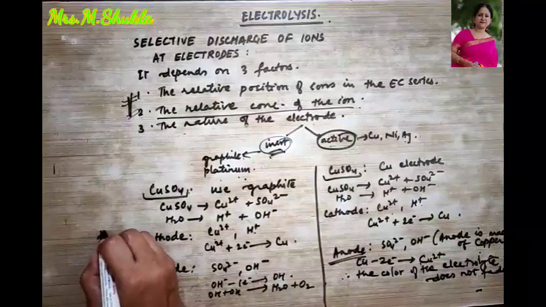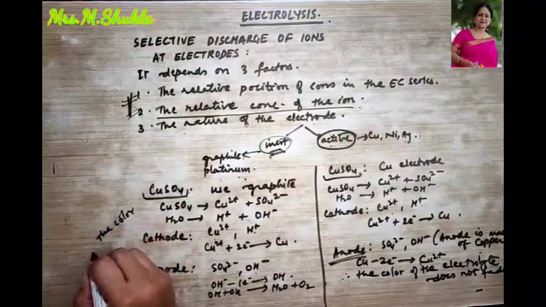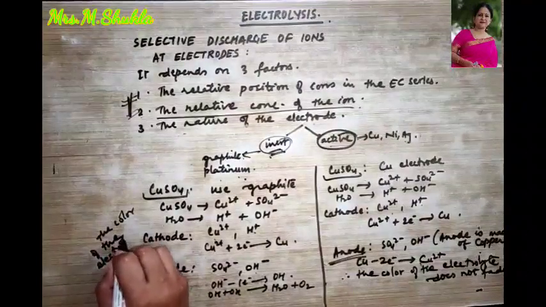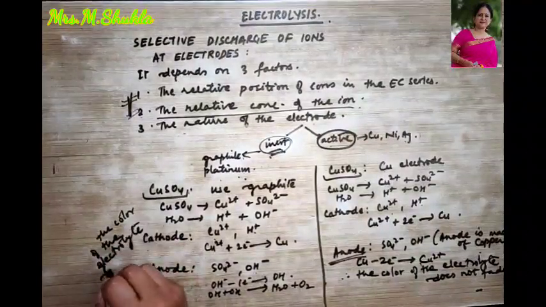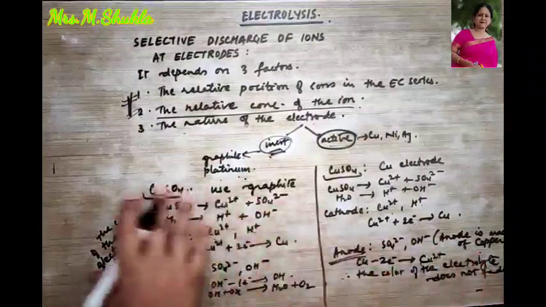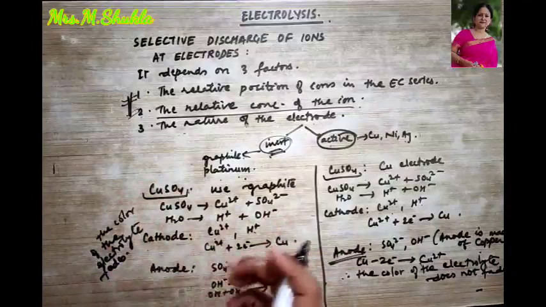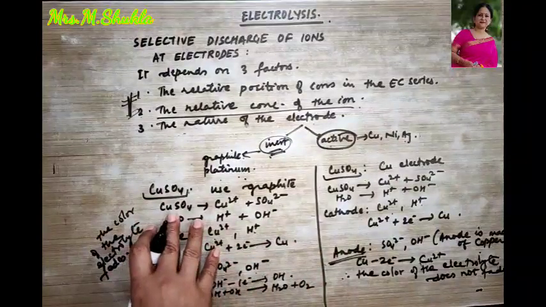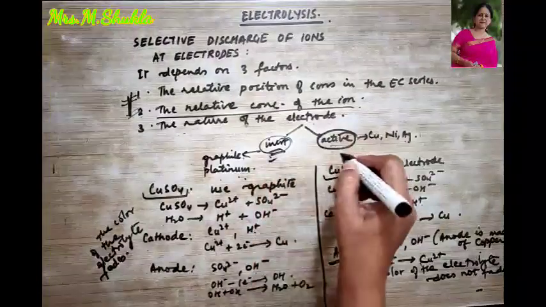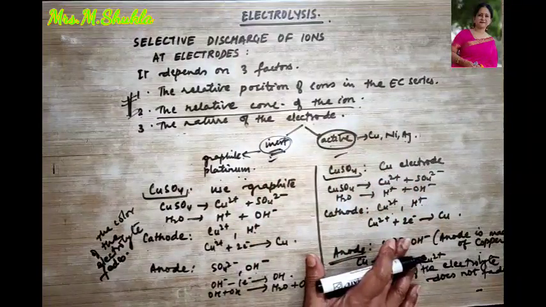The color of the electrolyte completely fades. Here it remains blue. Here, because it is only being utilized, it will become white. So is the difference between inert and active electrode very clear to you?